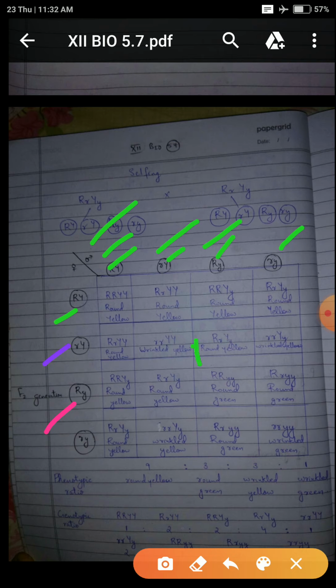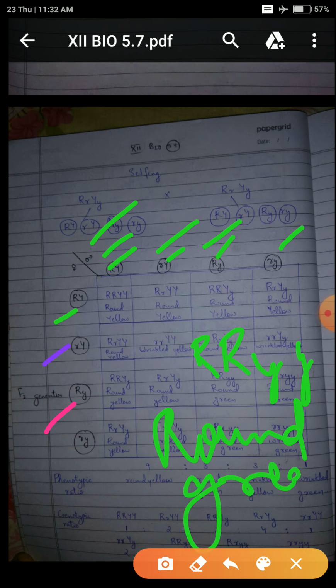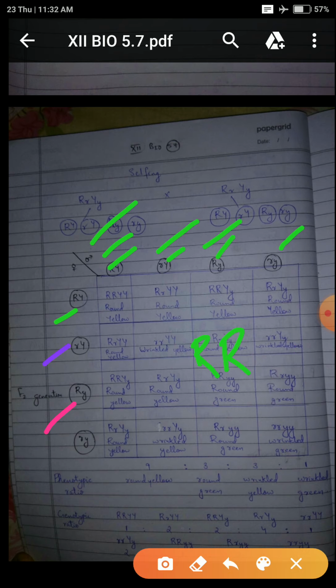Next, capital R, small y. Write it differently. So you have round shape with green seed, not yellow seed, green seed, round green. That's what the color is, and that's what the shape is. Okay, so that's happened here.